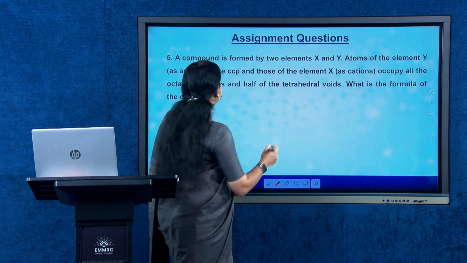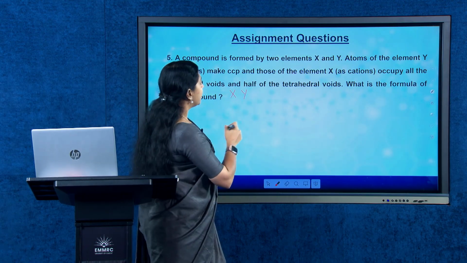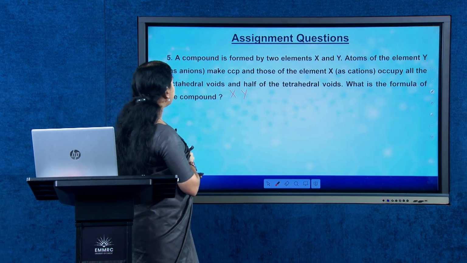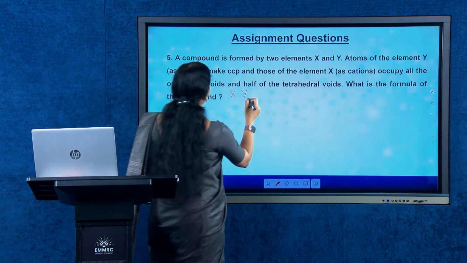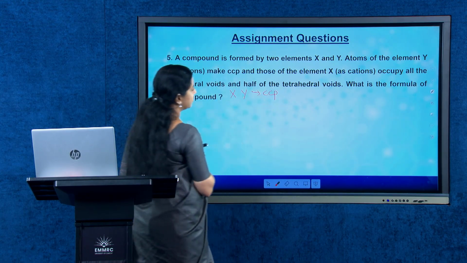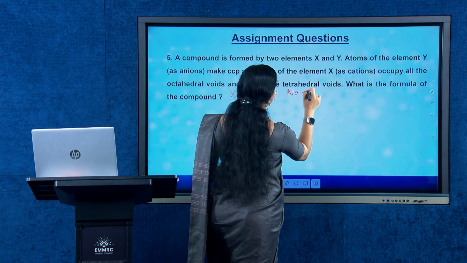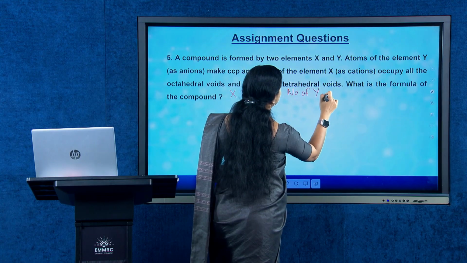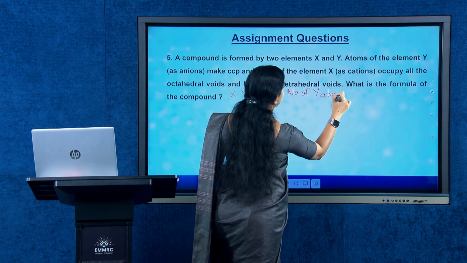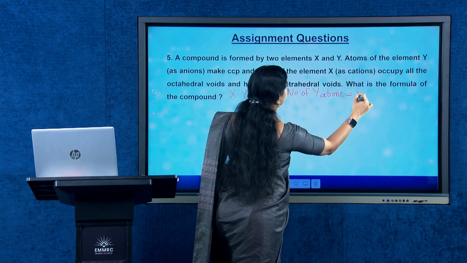We have two elements X and Y. The atoms of the element Y are the anions, and Y make a CCP arrangement. Now, let the number of Y atoms be n.